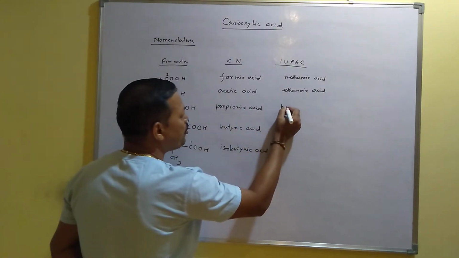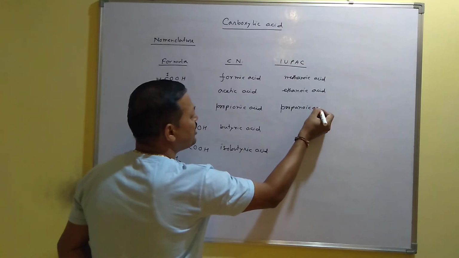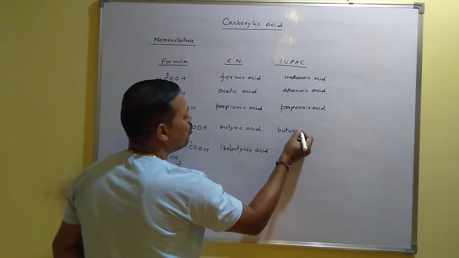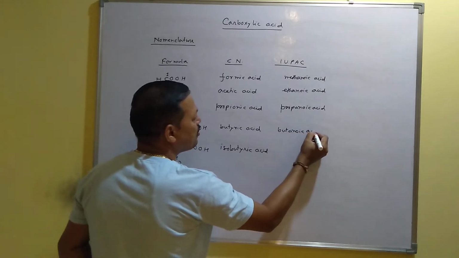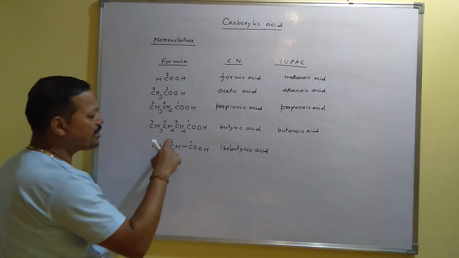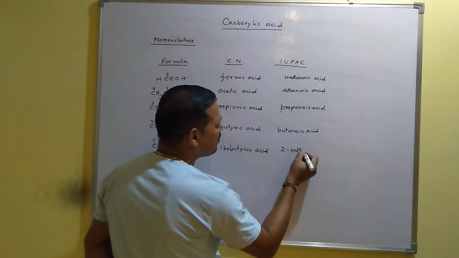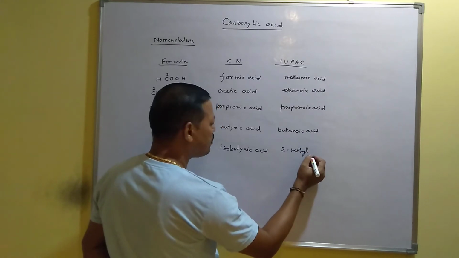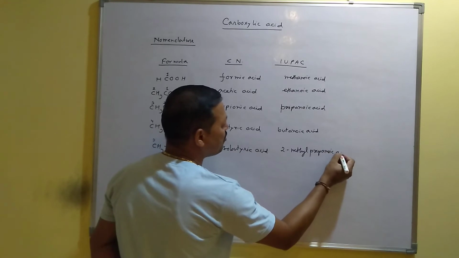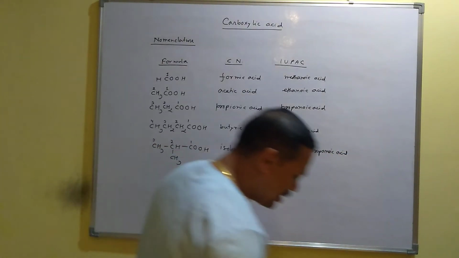This is called propanoic acid, 3 carbons present. This is called butanoic acid, 4 carbons present. And in this compound you have got 3 carbons, that's why propanoic acid, and the second position contains one methyl group, that's why 2-methylpropanoic acid. So this is the process of how to write the IUPAC naming.